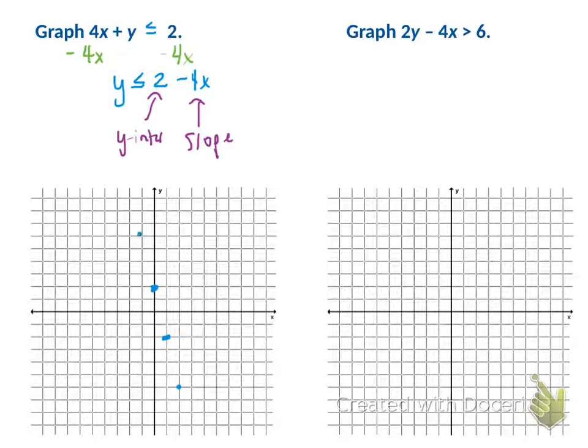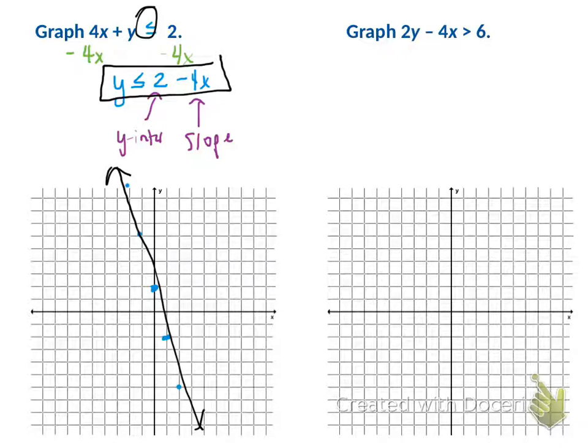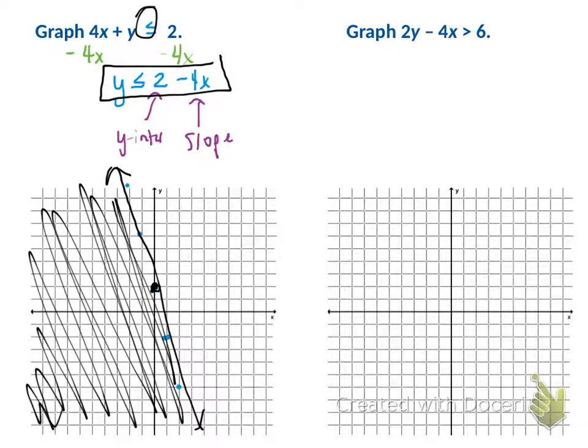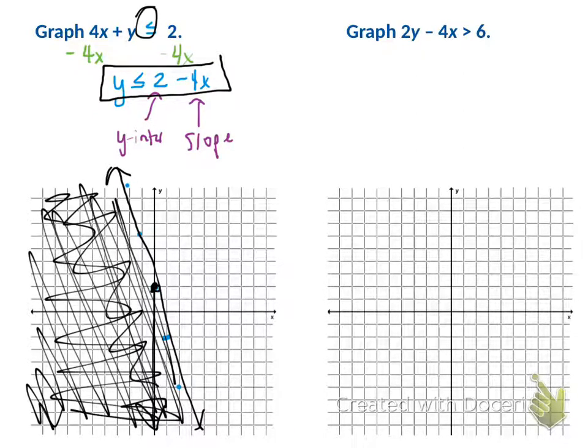Rise 1, run 4, rise 1, run 4. Okay, now we connect that with what kind of line? Dotted or solid? Well, you've got an equal sign, so it needs to be a solid line. Wow, that's not very straight. Okay, now it says y is less than or equal to. So there's the y. Anything below it is going to be a possible solution.